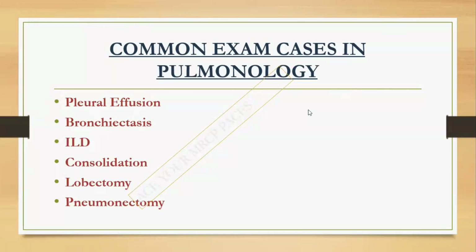Although for a pulmonology exam, it is almost impossible to complete your examination in 4 minutes 30 seconds unless you know the patient and you know the diagnosis. Still, you cannot finish all the steps. In actual, you will only get 4 minutes 30 seconds or 5 minutes, because when the bell rings, you have to move towards your next station. During this time, your time is counted. So it is very rare that you will get the full 5 minutes, although the total time is 5 minutes, but still practice in 4 minutes and 30 seconds.